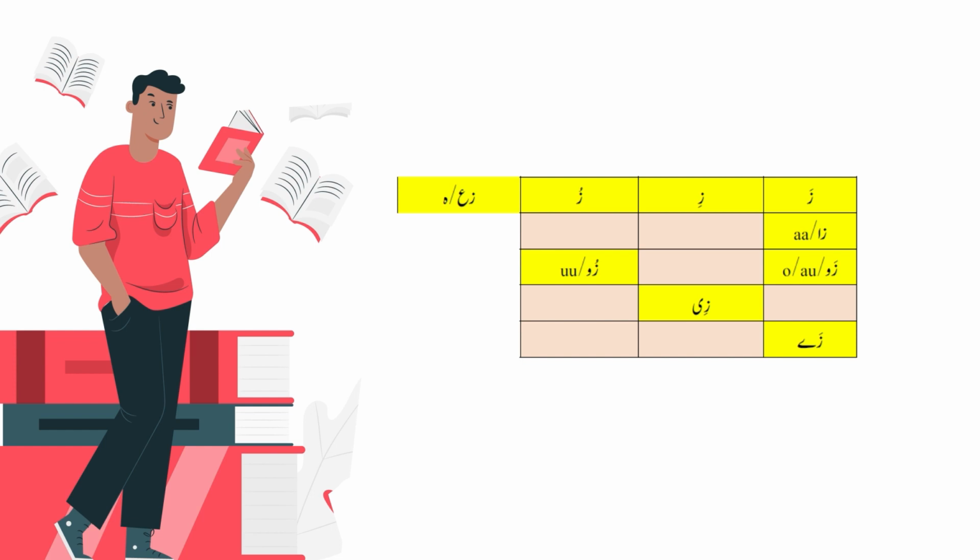They give similar sounds: Za, Zi, Zu, Za, Zaw, Zoo, Zee, Ze. They give similar sounds like Dal and De. So Zal and Ze give similar sounds when the diacritic marks are inserted on them.